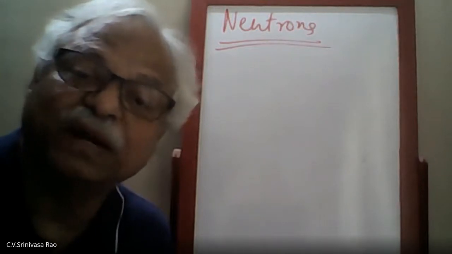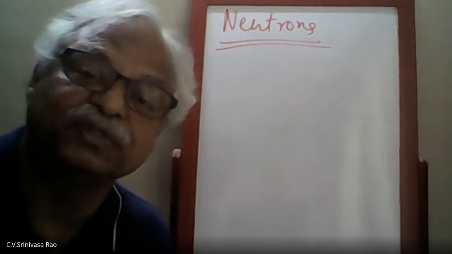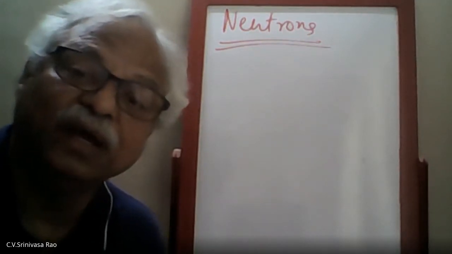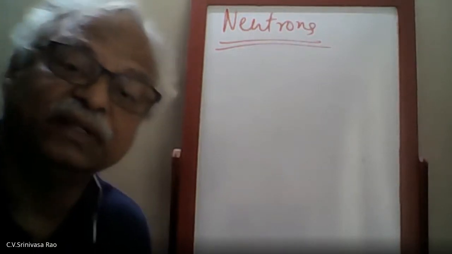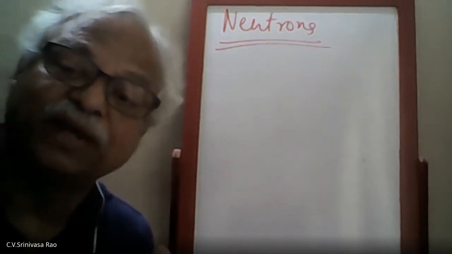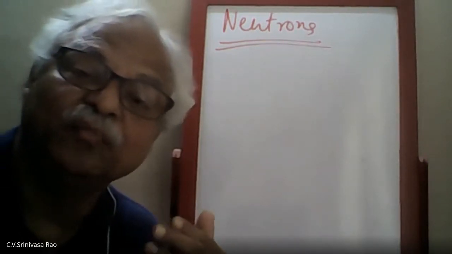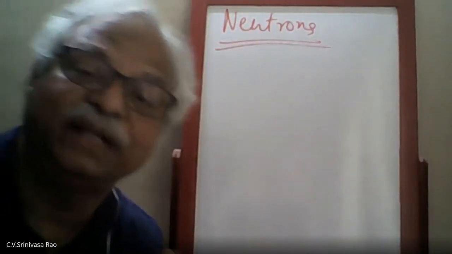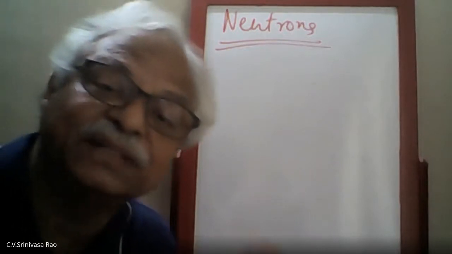Any charged particles like protons, alpha particles, or tritons will have problem causing a nuclear reaction, because the moment they try to enter a nucleus, you'll see a huge barrier. It's like a hill. It has to cross that, only then can it get into the nuclear potential and start nuclear reactions.